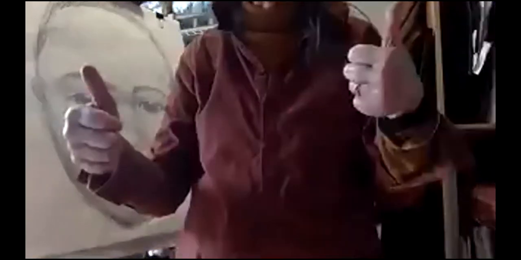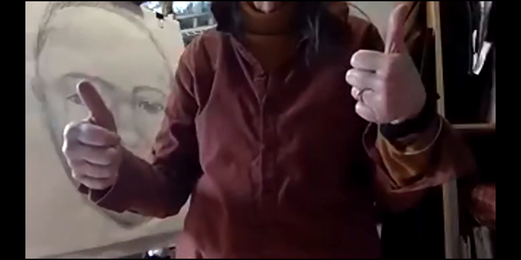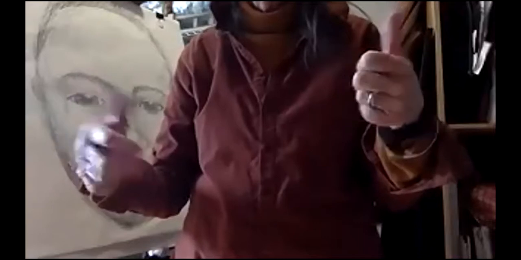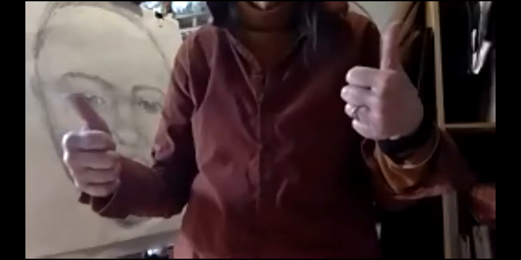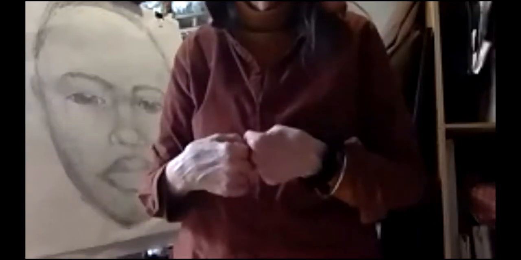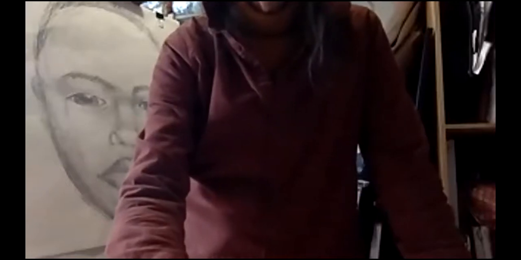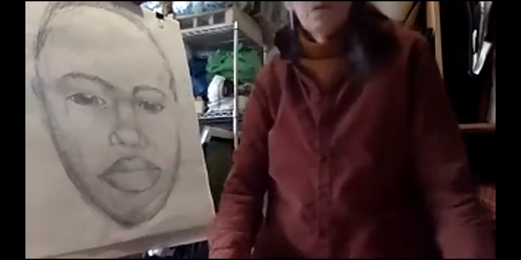Can everyone kind of give me a thumbs up if you can see me? Again, your head's cut off. We can see from your neck down to the top of your hips. Yeah, and we see the drawing that you did.